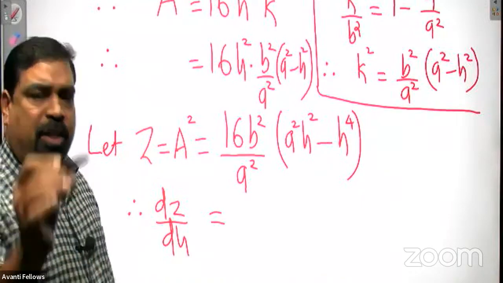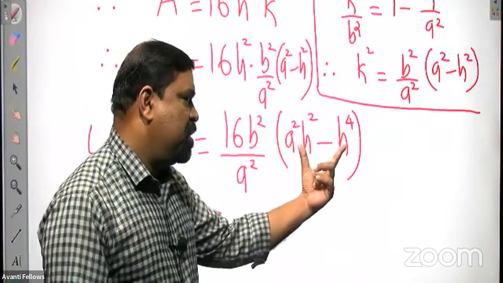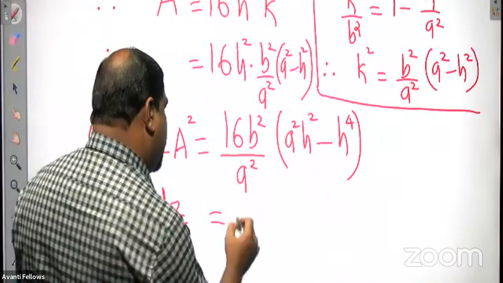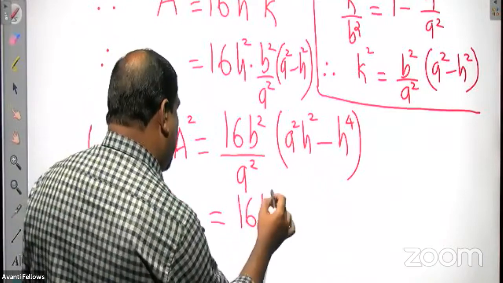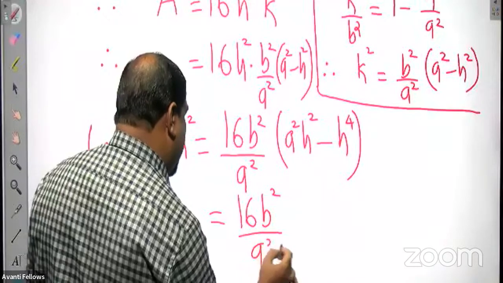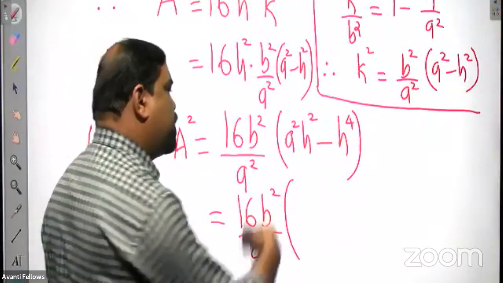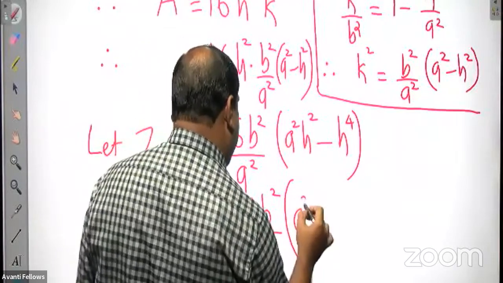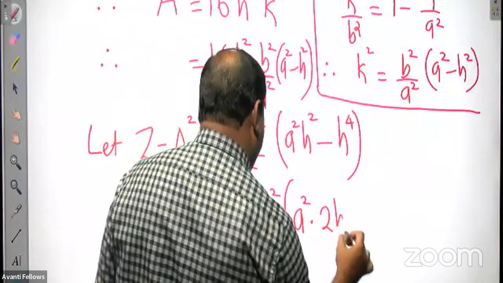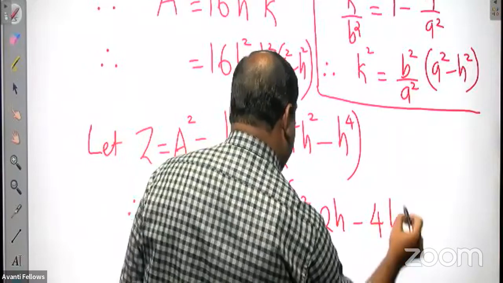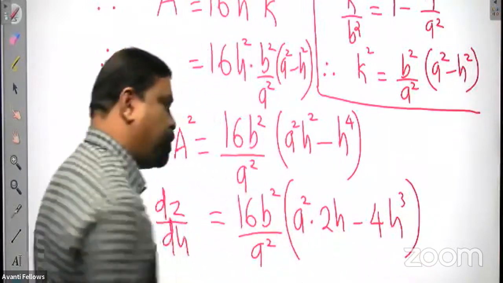Differentiate with respect to h because h is a variable. So dz by dh is equal to 16 b square by a square into the derivative of a square h square, that is a square into 2h minus 4h cube.